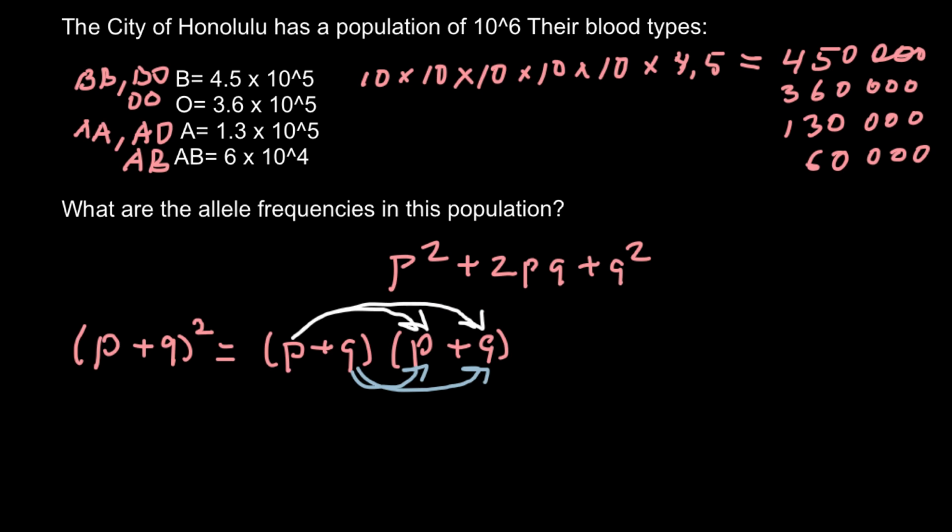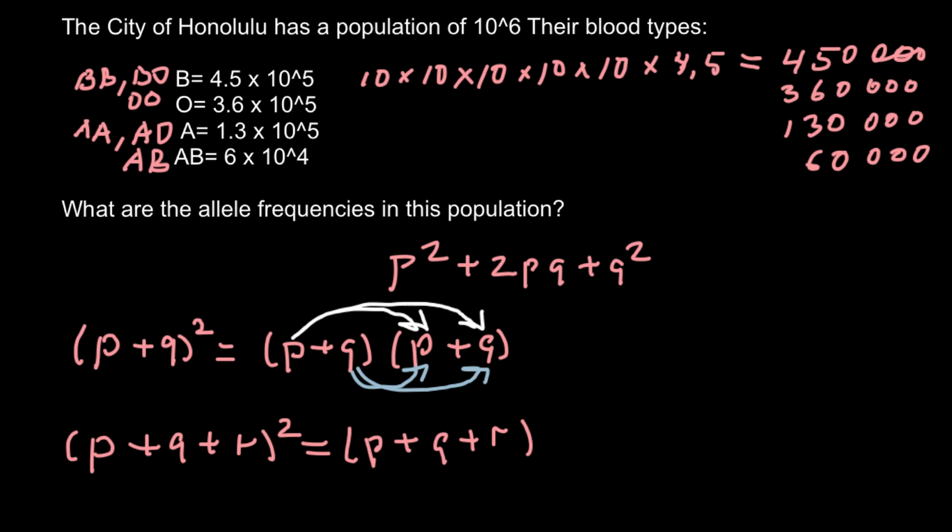But in our example we have not 2 alleles but 3 alleles. So our equation would be P plus Q plus R, so 3 alleles. Once again, the organism is diploid, so raised to 2. And this would be the same as multiplying P plus Q plus R by itself.